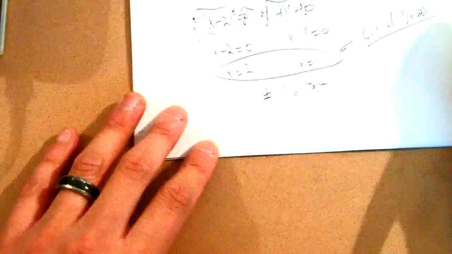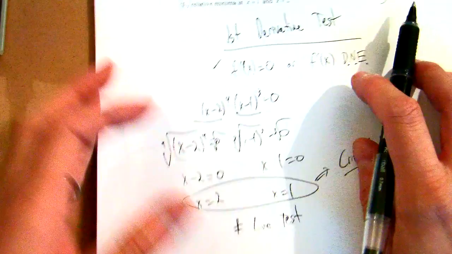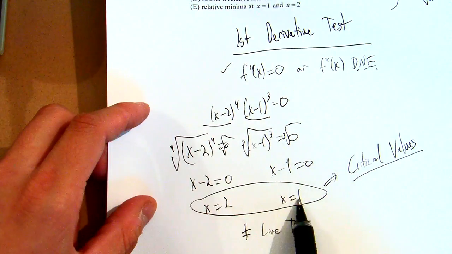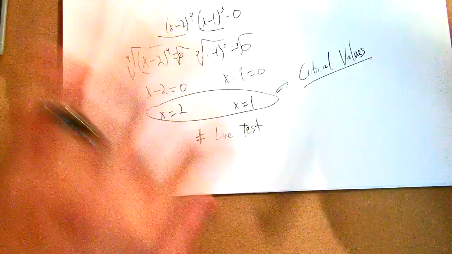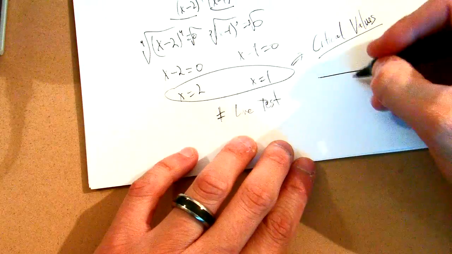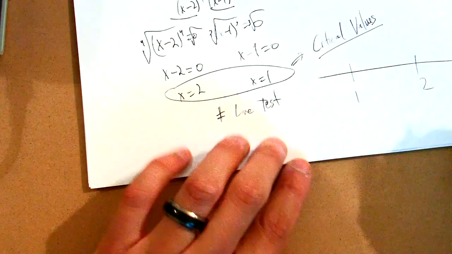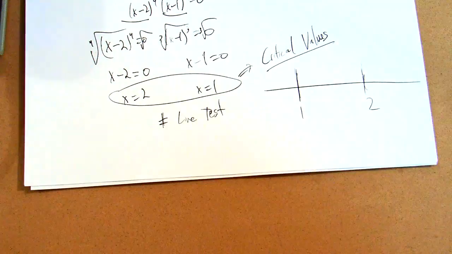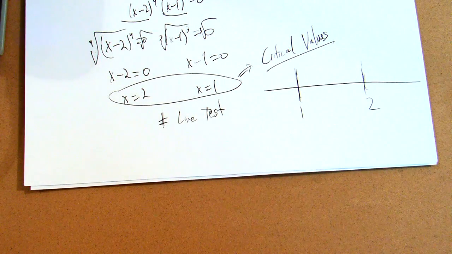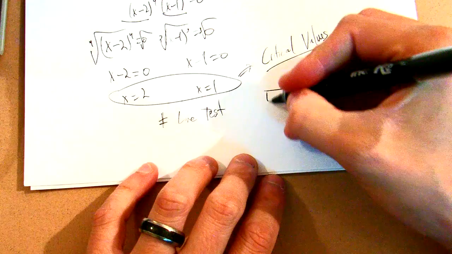And basically what we're doing, again, is just the first derivative test. Why? Because we're going to test the points around these into the first derivative. So we're going to do 1, 2, and make these our barriers, and now we just pick points between them. You always want to pick 0 if you can.